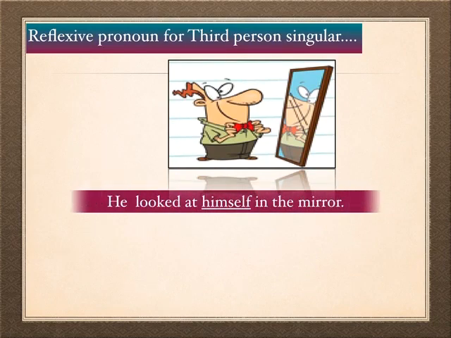What does it say? He looked at himself in the mirror. So here, he is the pronoun used in place of third person singular masculine gender, and it is also the subject of the sentence, and the object of the sentence is himself, and the word himself reflects back the action, that is looking in the mirror, done by the subject, that is he.